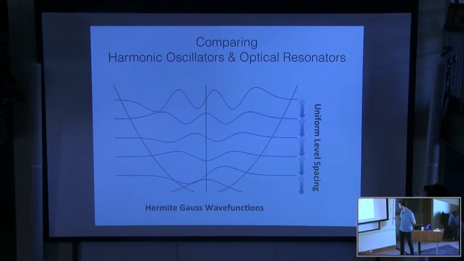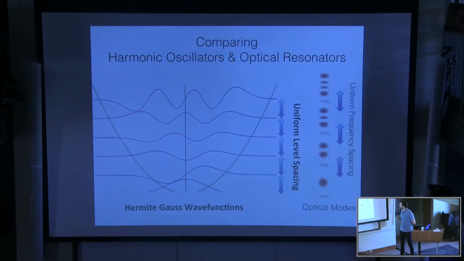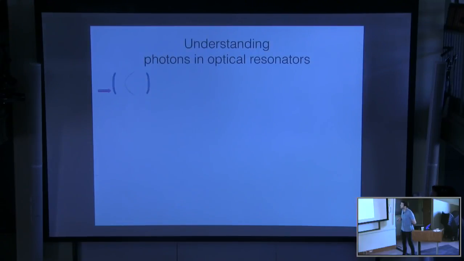And anyone who has ever played with laser resonators knows that the eigenmodes for a particular number of wavelengths longitudinally in the cavity are these Hermite-Gauss modes that are, again, uniformly spaced in frequency. So as long as we think of a particular longitudinal quantum number, these photons behave like massive harmonically trapped particles.